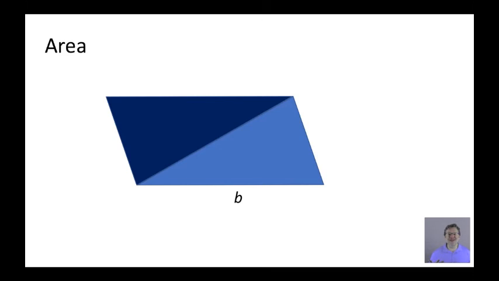Well, putting these two triangles together, what kind of shape have we created? You can see, obviously, that this is a parallelogram, and we know how to find the area of a parallelogram. It is base times height. In the same way, we now know that the triangle being half of a parallelogram will have an area 1/2 of base times height.